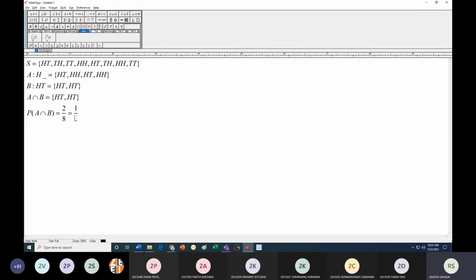That means when you perform the experiment 4 times, you will get one outcome which satisfies A intersection B, that means head in the first coin and tail in the second coin.